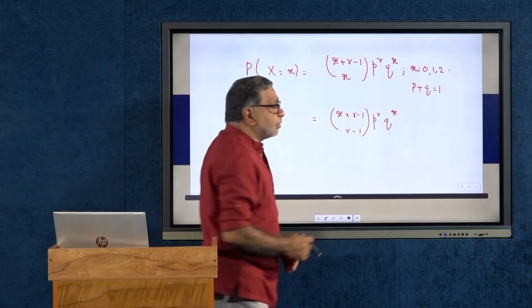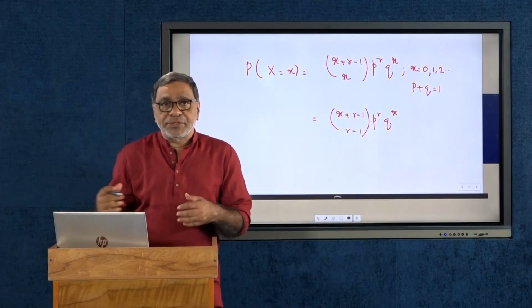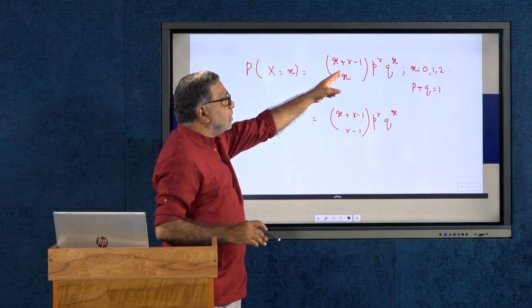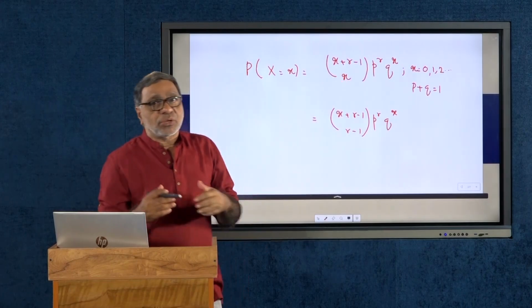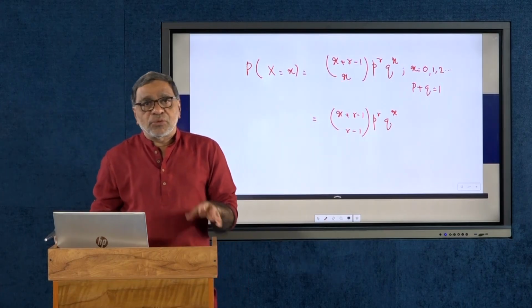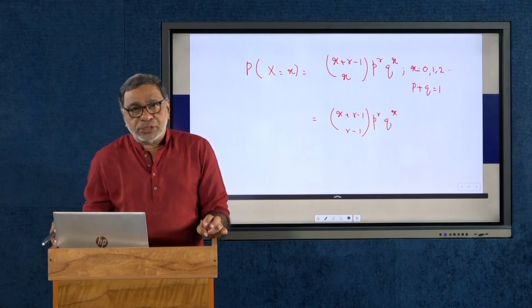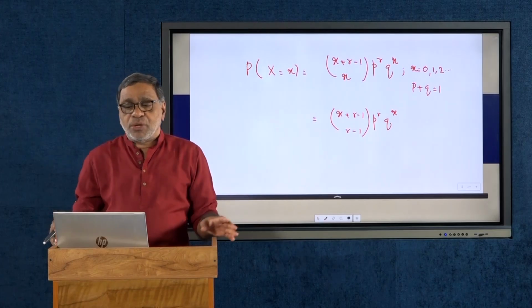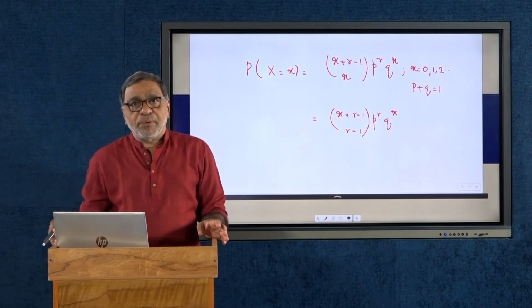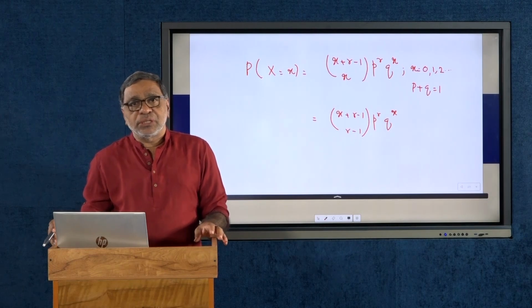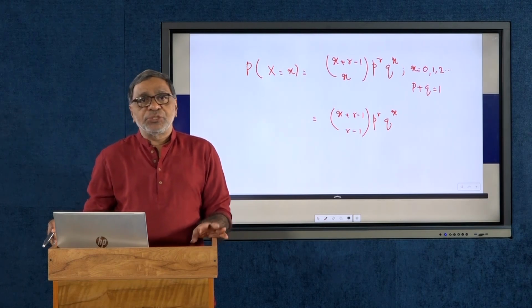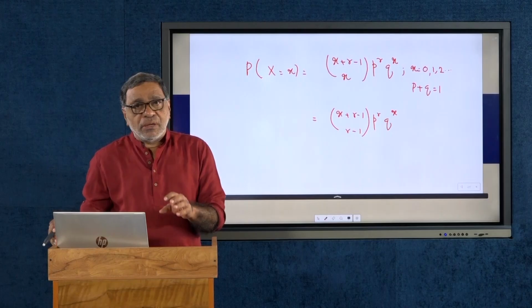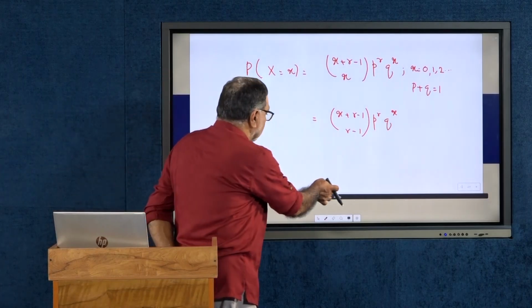Both are the same representation, obtained by nCr equal to nC(n minus r). So we can represent the probability mass function of the negative binomial distribution as x plus r minus 1 C x, p power r, q power x, where x is equal to 0, 1, 2, 3, etc., and p plus q is equal to 1. This is the concept behind the negative binomial distribution.